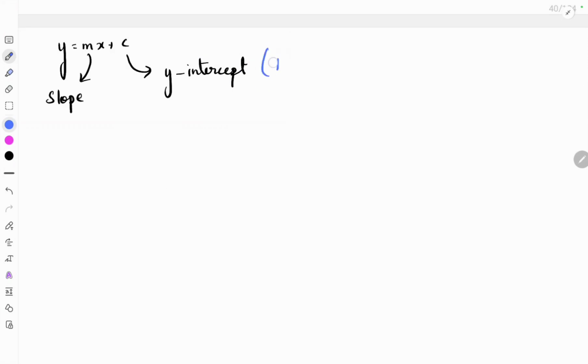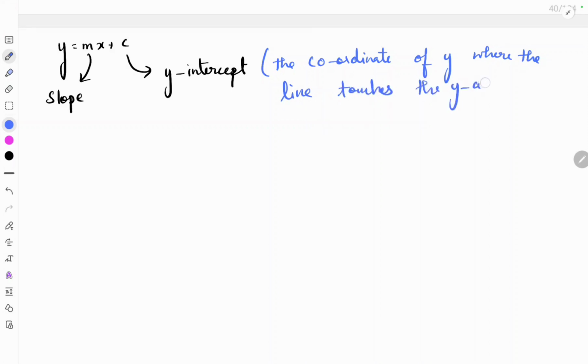Y-intercept is nothing but the coordinate of y where the line touches the y-axis. So if it is touching the y-axis, then the coordinate of x will be equal to 0 here. So the form will be 0 comma some y, so 0 comma c will be one point on this line.